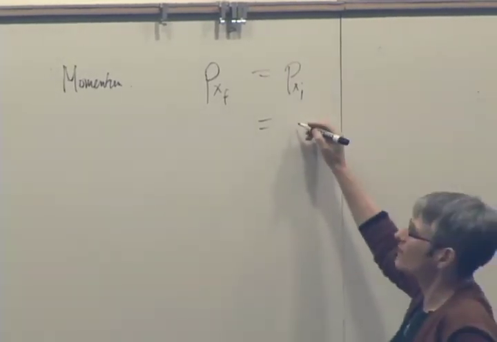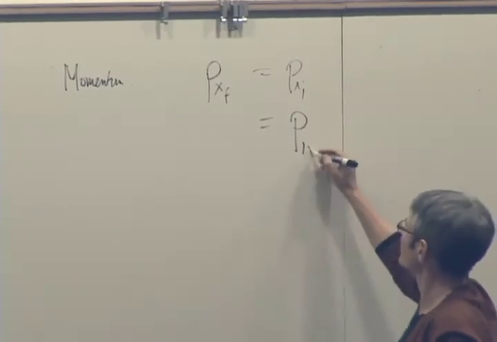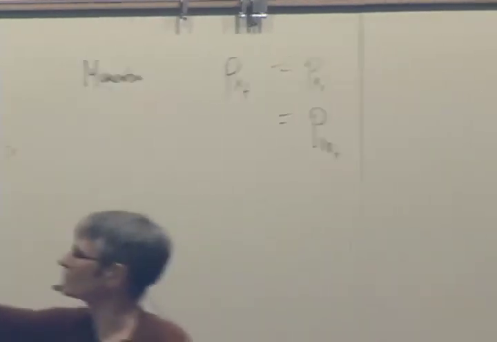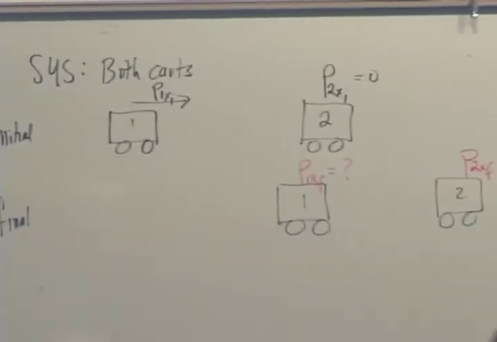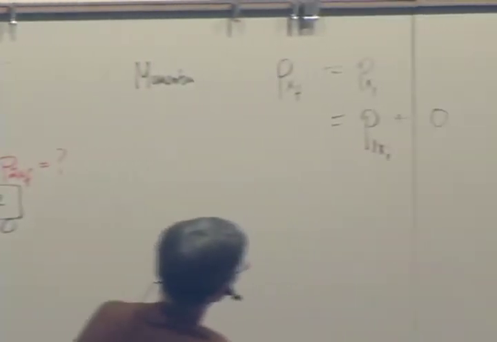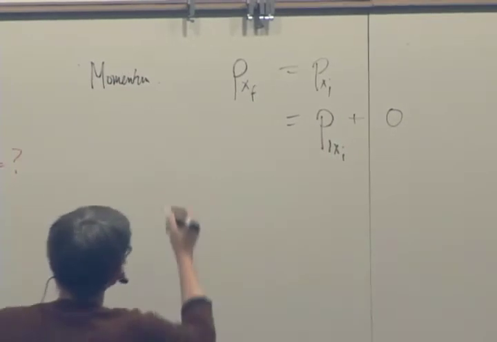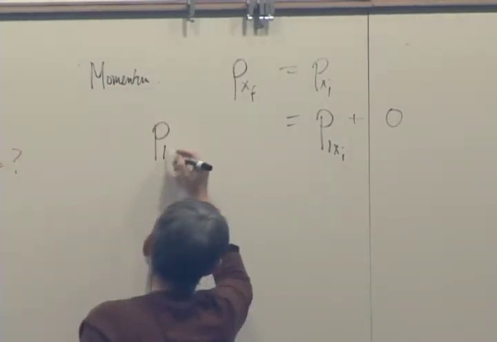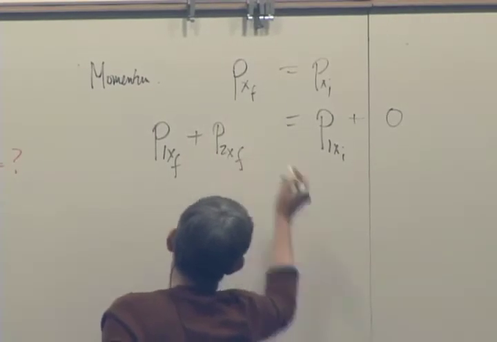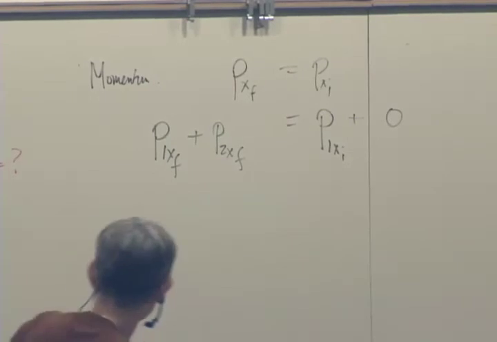We have P1x initial for that cart number 1, and we have 0 for cart number 2. And final, well, we've got whatever these things are. So P1x final, P2x final. So that's the momentum principle.